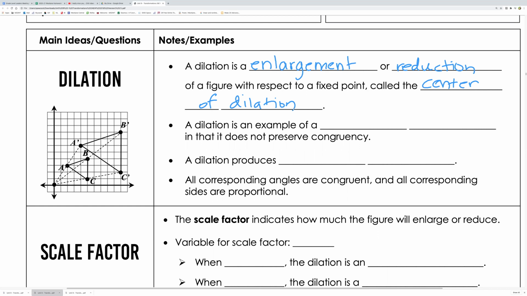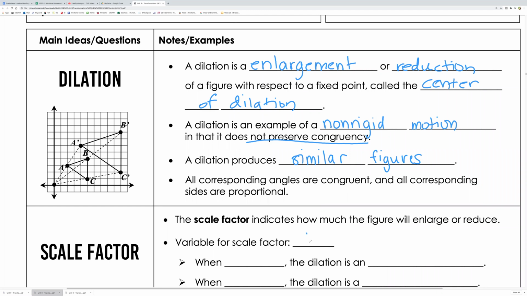A dilation is an example of a non-rigid motion. It does not preserve congruency, however, the images are similar. A dilation produces similar figures. I forgot how to spell there for a second. Okay, figures. All corresponding angles are congruent and all corresponding sides are proportional.